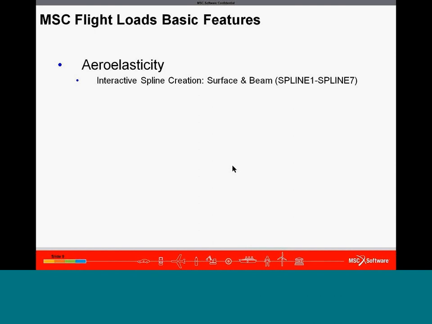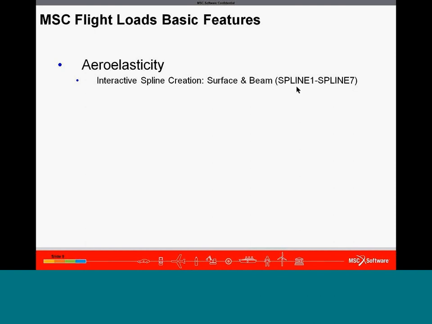Okay, the next thing I wanted to talk about is the aeroelastic side. We can create the splines to couple the aerodynamic mesh to the structure. Nastran has a fairly rich library of aerostructure coupling methods. All of them use splining techniques, which essentially use finite element type plates and beam theory as mechanisms to distribute the loads and displacements back and forth between the meshes.